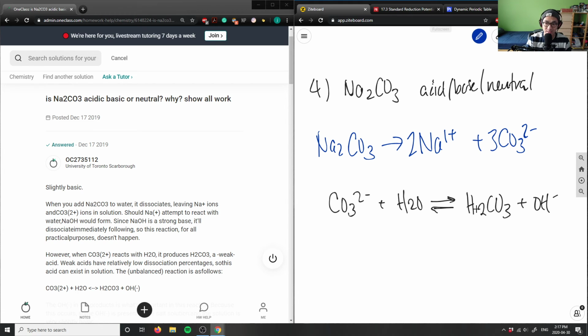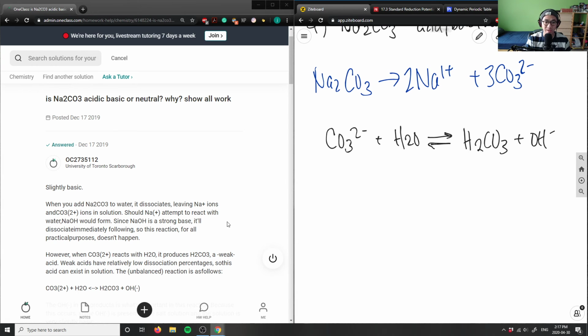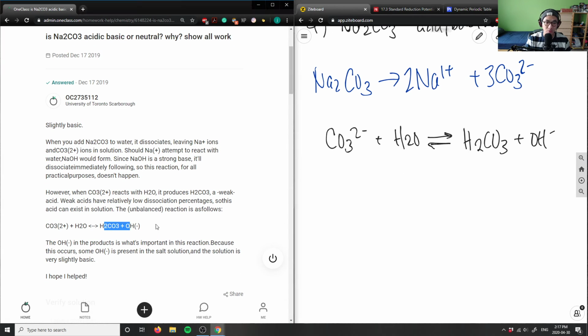We have a weak acid here, and we have a strong base here, so this compound is going to be slightly basic. We know that our carbonate ion is going to react with water. It's going to be in an equilibrium with H2CO3, which is our carbonic acid, again our weak acid in this case. We have a weak acid, and we're going to have a strong base for our conjugate base here.